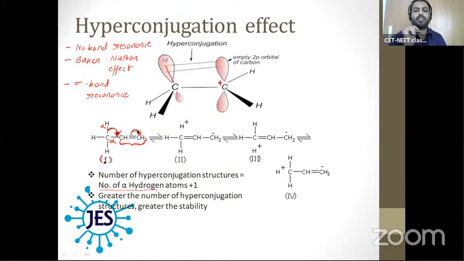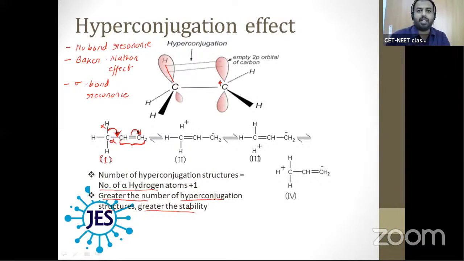Then if you are thinking, sir, what is the use of knowing the number of hyperconjugation structures? If you know the number of hyperconjugation structures, you can get to know about the stability of the compound. Greater the number of hyperconjugation structures, greater the stability. So let's say alkene A has 9 hyperconjugation structures.